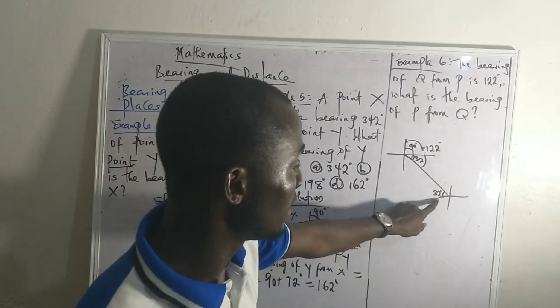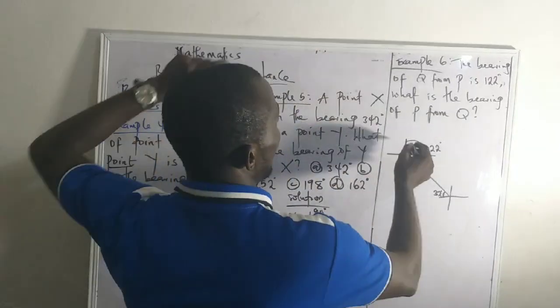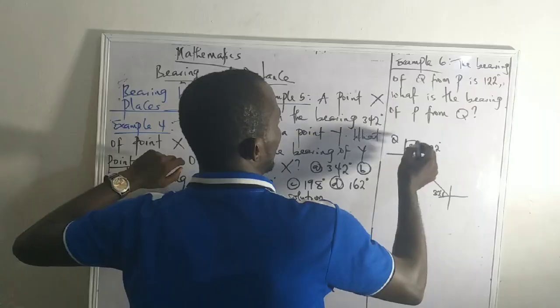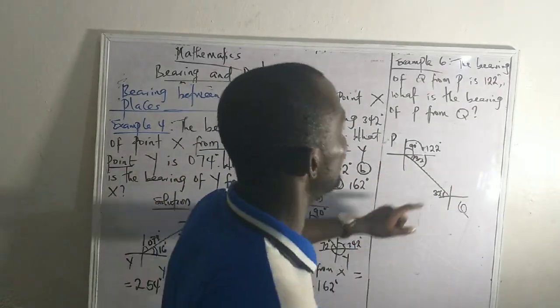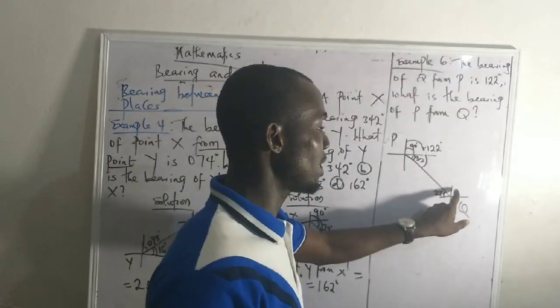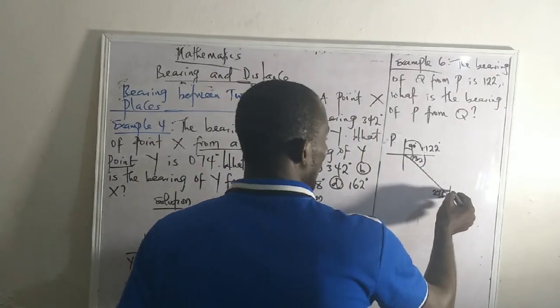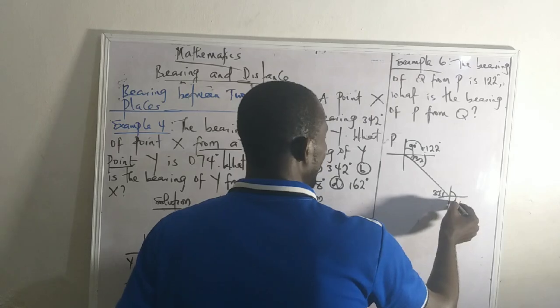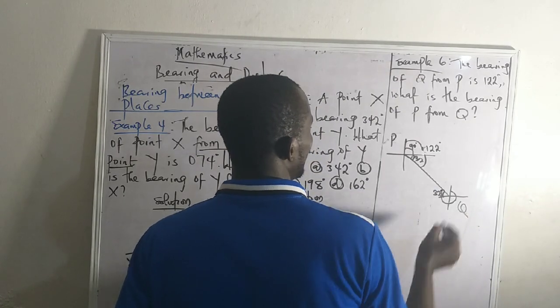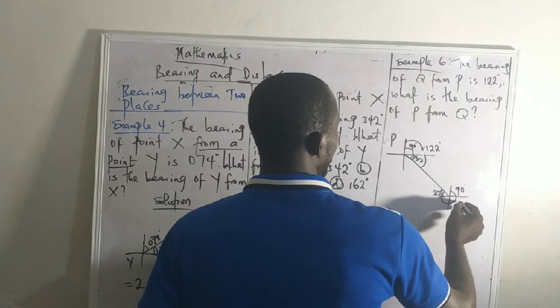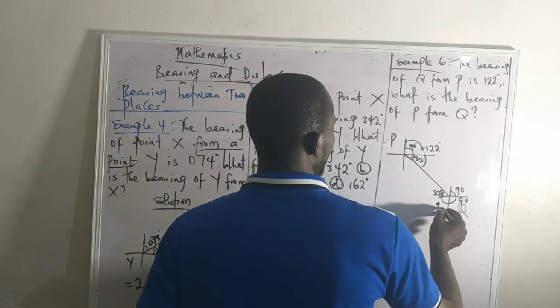If this place is 32 degrees, we now say what's the bearing of P when you start from Q? By the time you draw, what angle will you obtain by the time you meet this particular line here? This is 90 degrees, this is 90 degrees, this is 90 degrees.